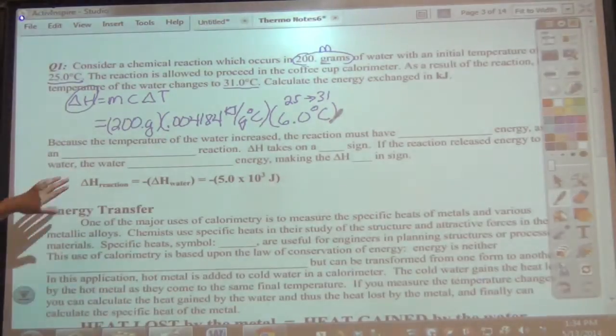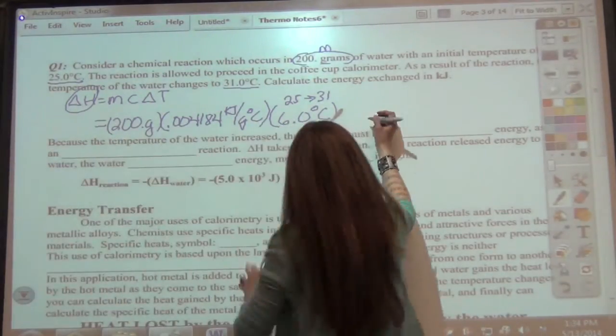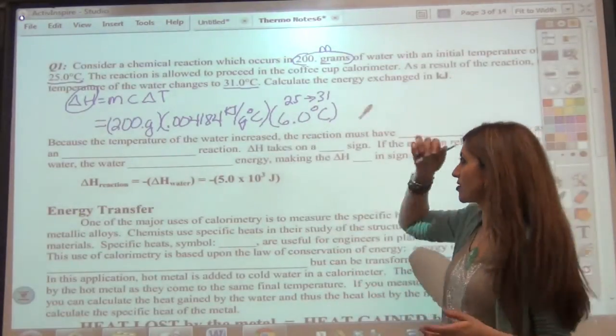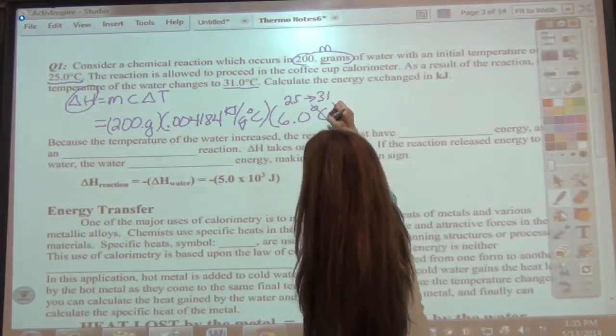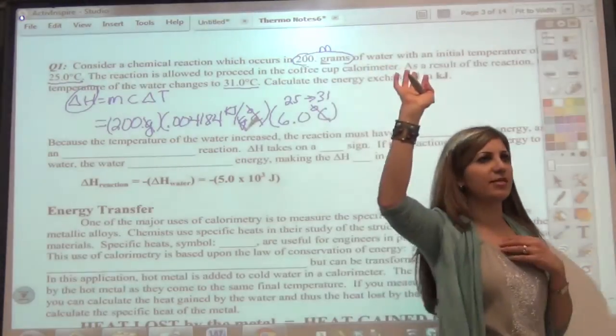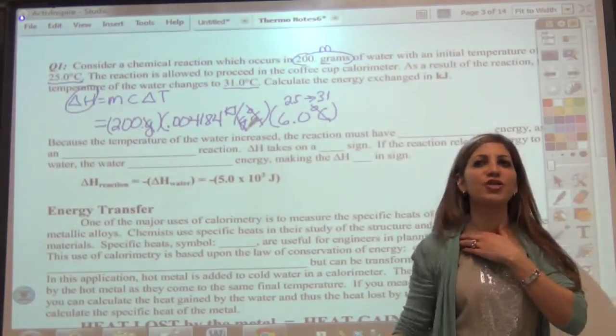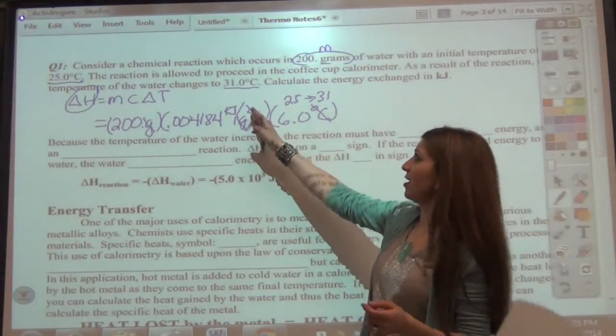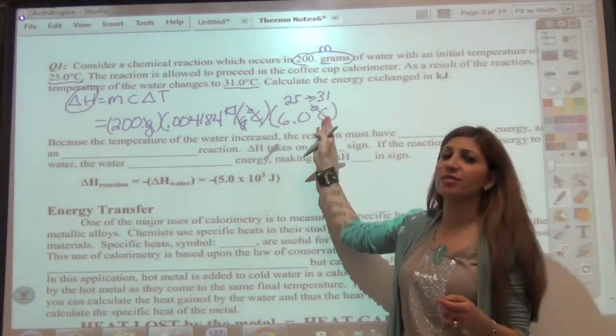So now you would just multiply this to get your answer. Our units cancel out, the degrees Celsius with the degrees Celsius, the grams with the grams. I had someone ask in second hour, don't you have to change that into Kelvin? First of all, this is in Celsius, so I want to make sure I can cancel my units out.